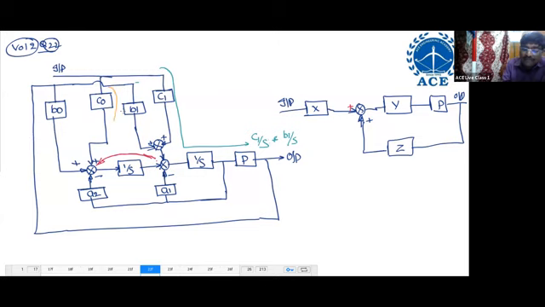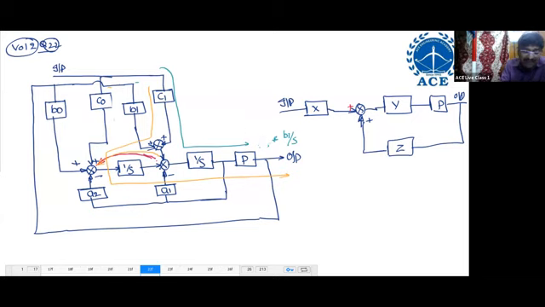If this point will come to here, what is the path gain I'll get? C1, tell, what is the path gain I'll get? C1 into 1 by S into 1 by S into P. P is there here also. C1, P, C1.